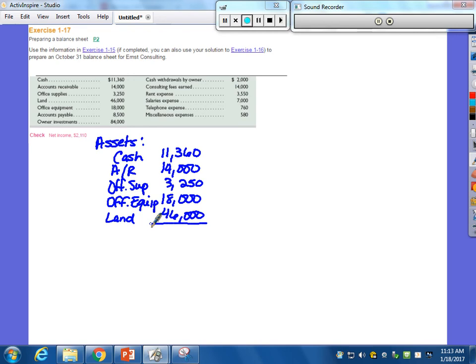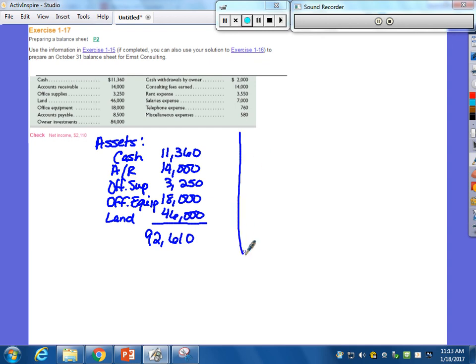So how much are our assets here? What you get? 92,610.